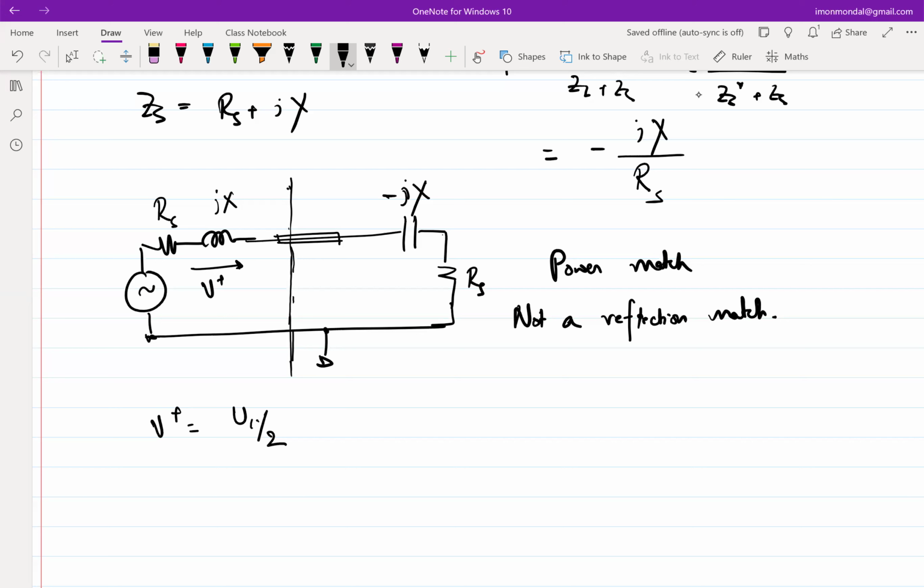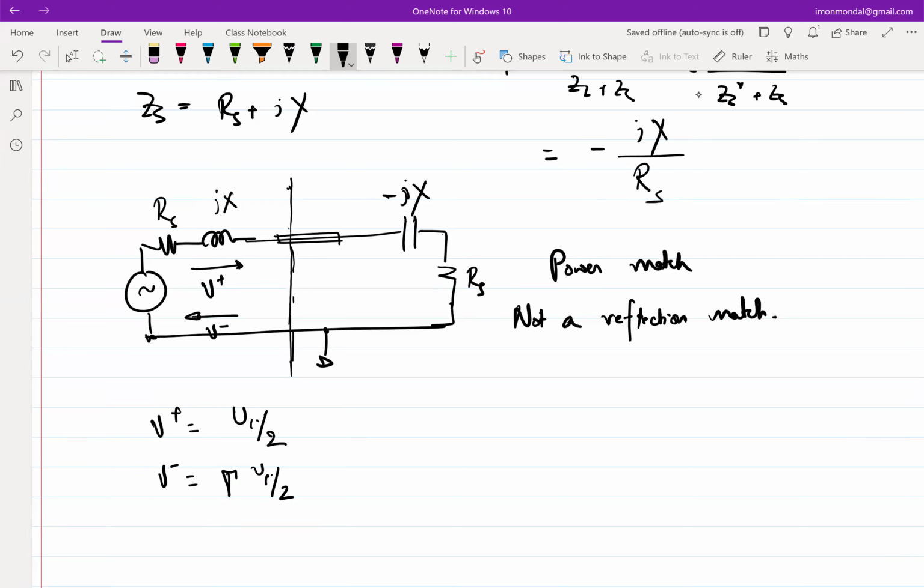So it is going to go through, right? And if there is some termination which is not exactly equal to Z0, then there will be a reflection, and this reflection is taken care of by the reflection coefficient. So you will have a V minus, which will be equal to gamma Vi by 2, right?